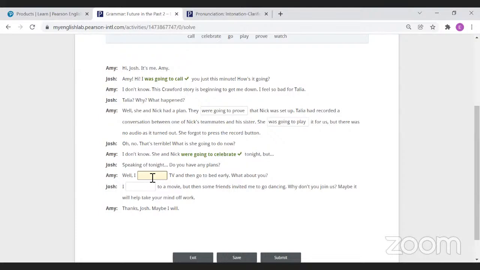So we are using was going to or were going to. That is the correct way.